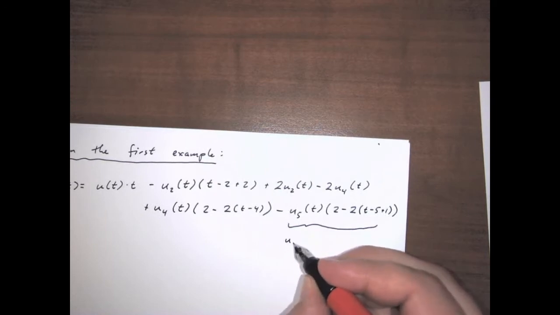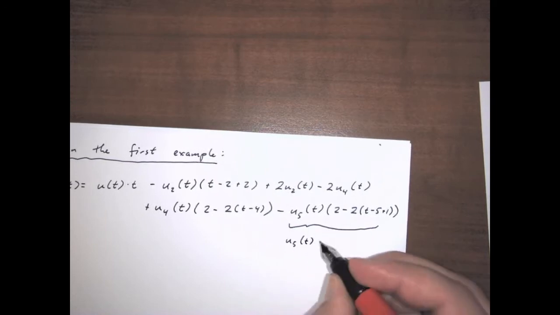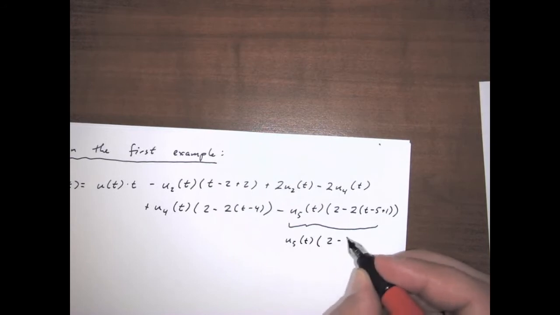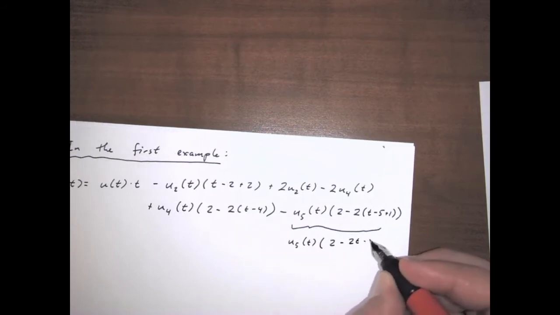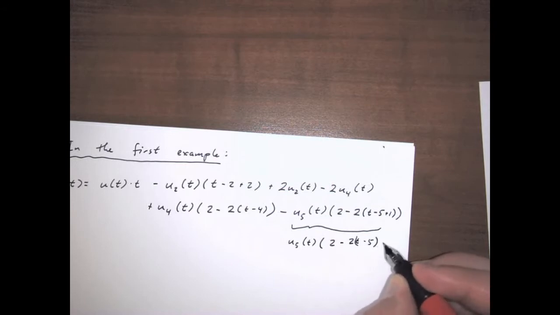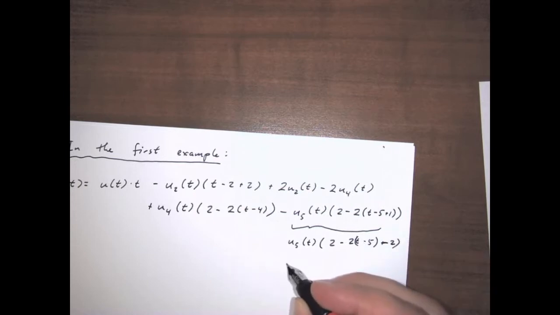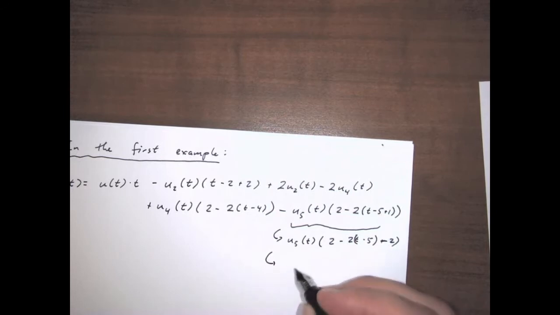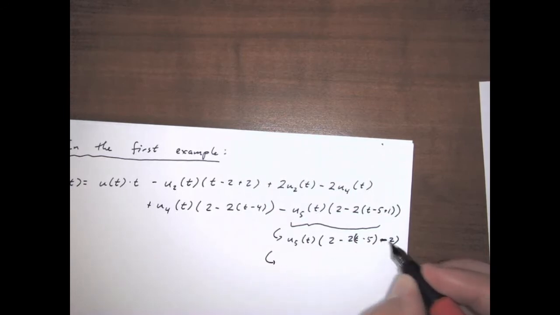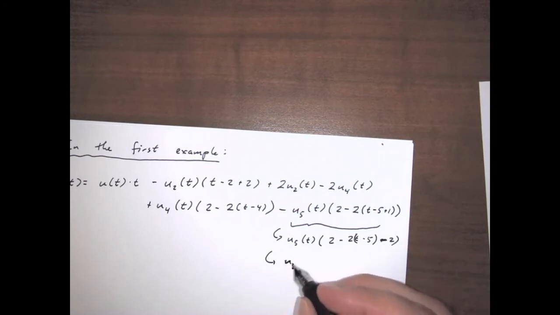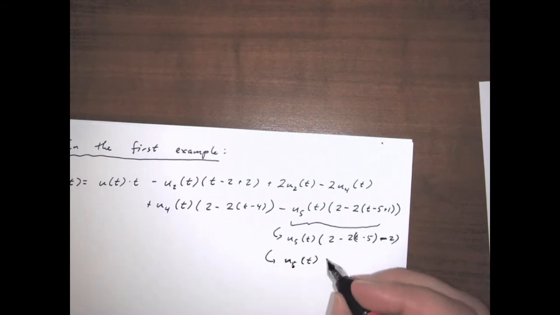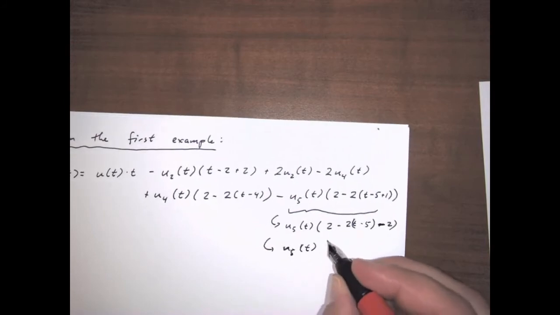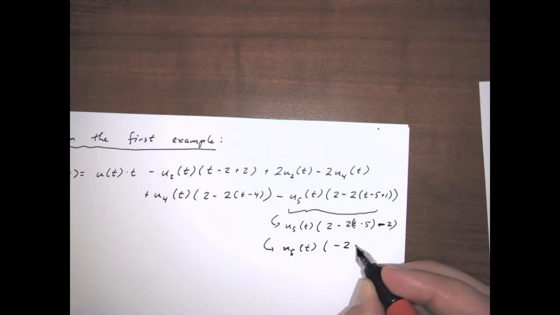And just this part now we can rewrite: u5 of t times 2 minus 2t plus 5 minus 2, so that's going to be u5 of t times negative 2 times t minus 5.